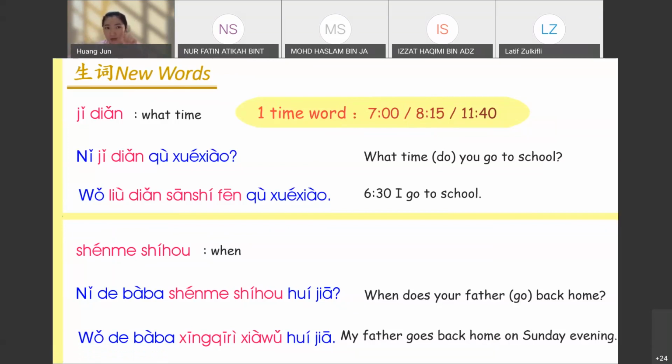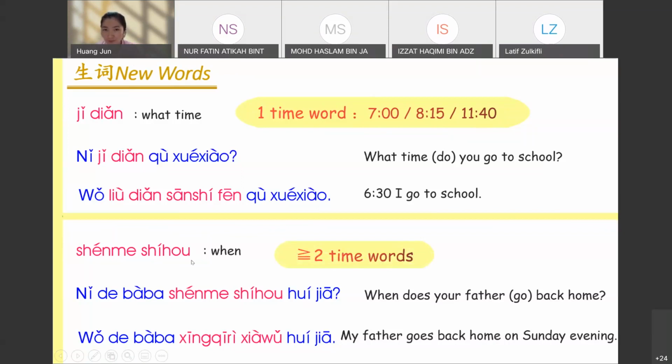So if your answer is one time word, then you will use 几点 to ask the question. But if your answer has two or more time words, then we must use 什么时候 to ask the question.